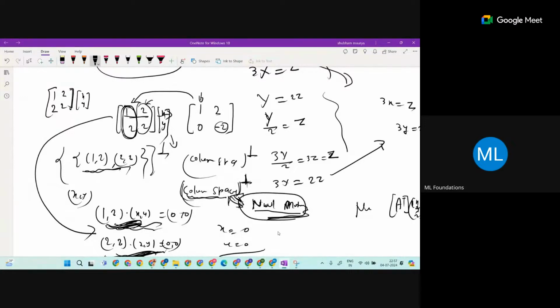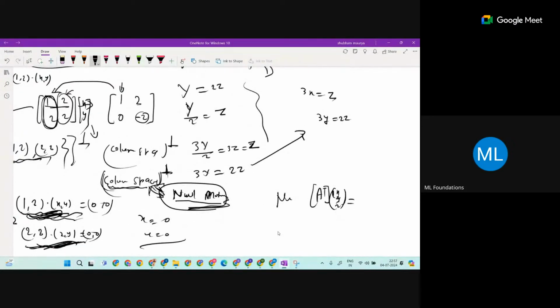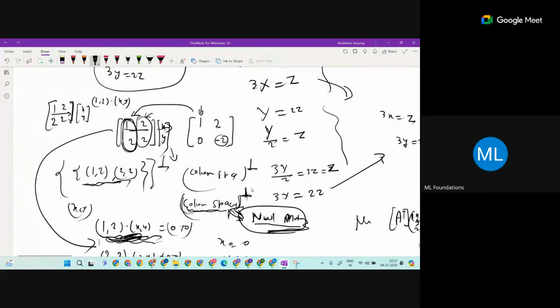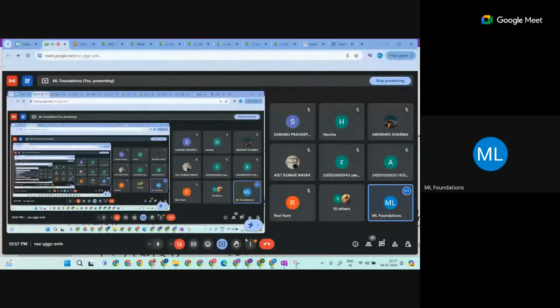This 1 2 dot with xy. See here, the same. Correct. The column space is the perpendicular of the left null space, and the row space is the perpendicular of the null space.